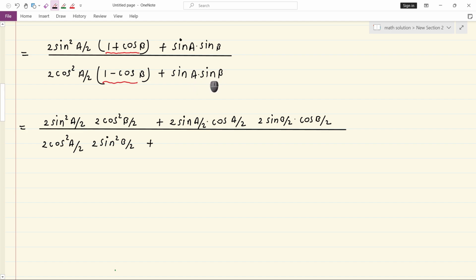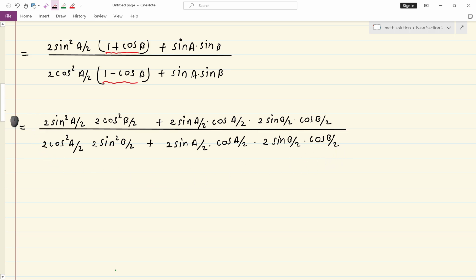In place of sine B, we are going to write 2 sine B by 2 upon cos B by 2. In this question, basically we are just using very simple formulas, and the difference it makes is simplifying a lot. That is the main thing where we are facing the problem. So sine B by 2 cos B by 2.